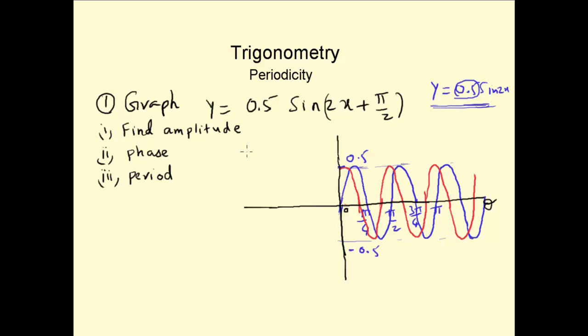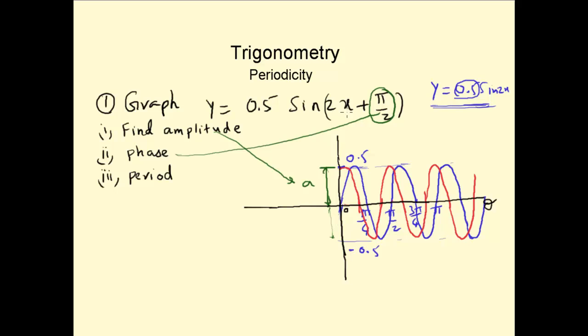What is an amplitude? Amplitude is the maximum distance the curve goes on the y-axis. So here to here is called the amplitude, or A. It is this distance from here to here, or from here to here, the same distance. Phase is the angle at which it starts at 0.